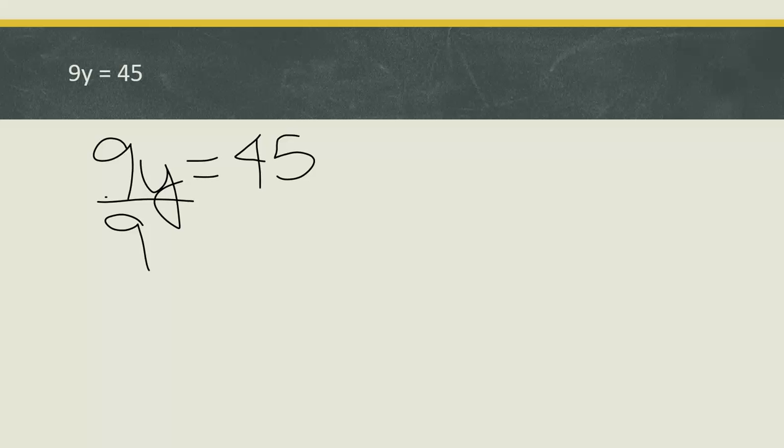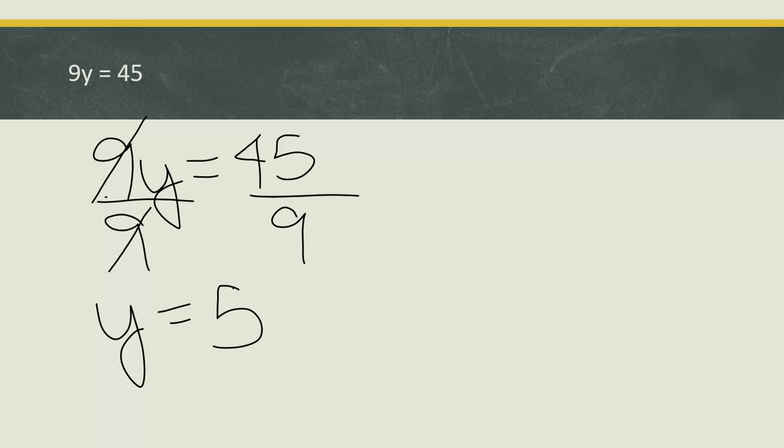We had 9 times y, so we can undo it by dividing. 9 divided by 9 is 1. So that leaves us y equals 45 divided by 9, or 5. We can check this one in our heads. 9 times 5 is 45.